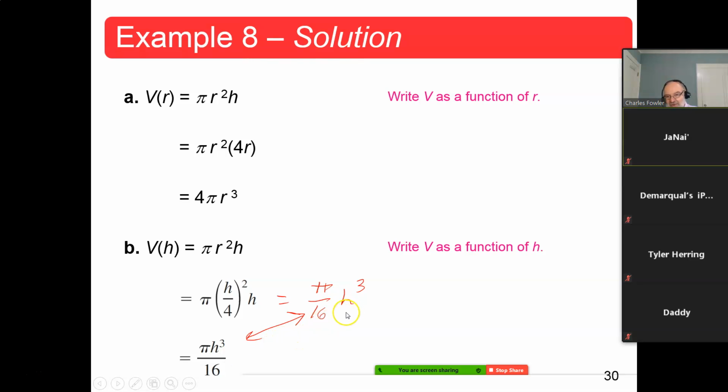This is perfectly correct, nothing wrong with it, but because it doesn't look like this, WebAssign would say incorrect, do it again, or you get a 0 or whatever. And that freaks students out. They think, what am I doing wrong? You did nothing wrong. You got exactly the right answer. It's just a computer program was looking for one and only one answer.